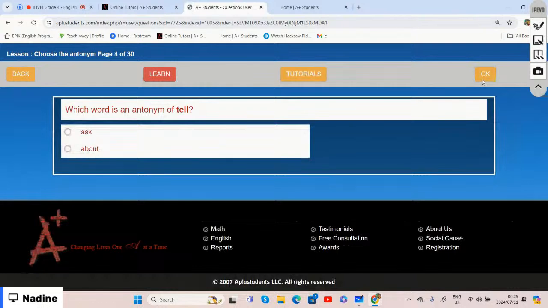All right, so yes. What is the opposite or the antonym of tell? Tell. It's either I want to tell you something, or if I don't tell you something, do I ask you something? Or is it about? Tell or about.